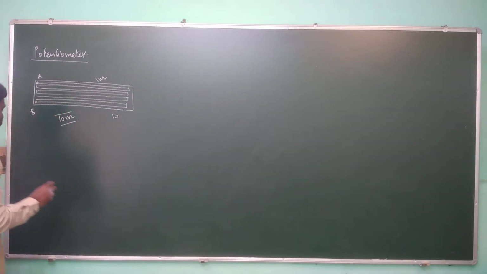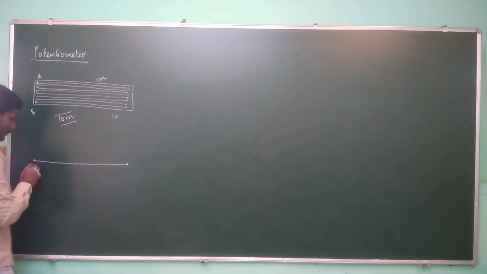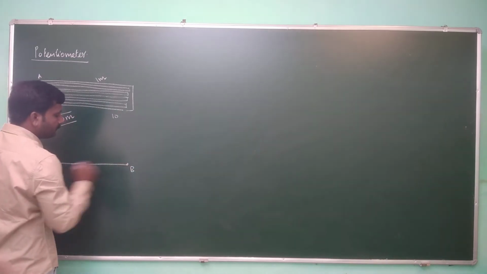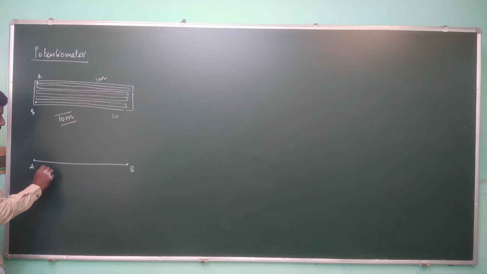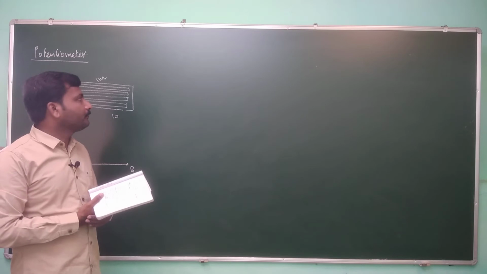But generally we denote a potentiometer simply as a straight line, and we denote this as 10 meter.